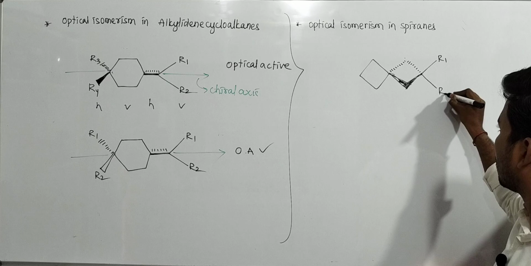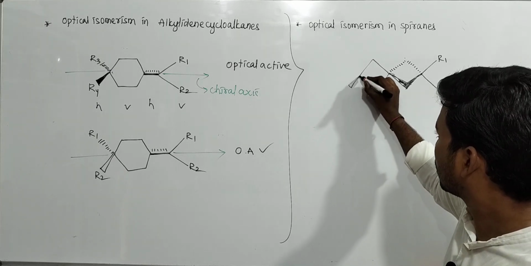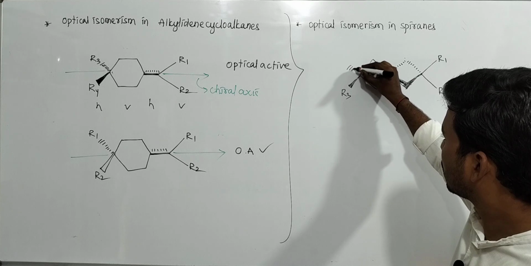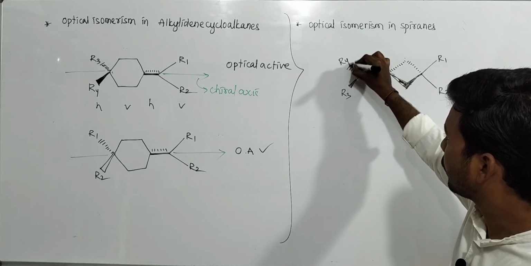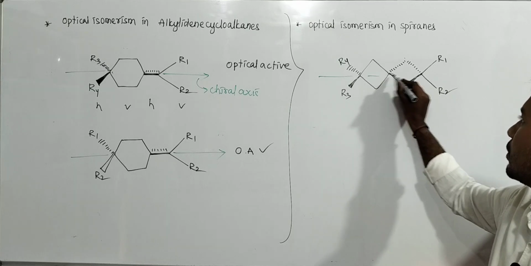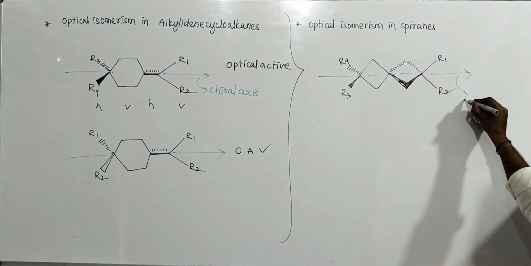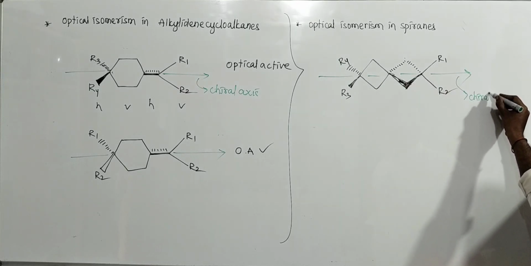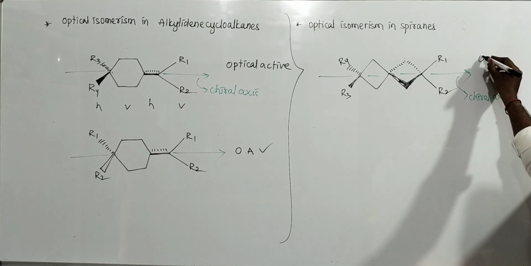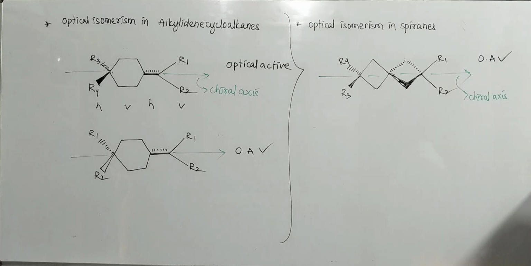R1, R2, R3, R4, like this. This is what? Chiral axis. So this is what? An optically active compound.